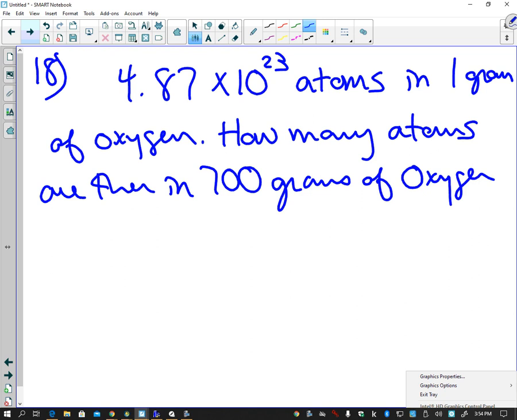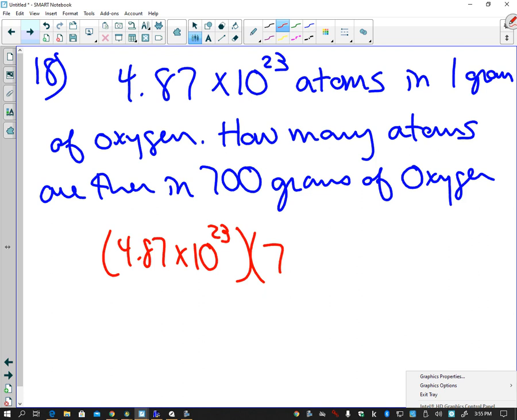Well, if there's 4.87 times 10 to the 23rd atoms in 1 gram, we should be multiplying here. So we're looking at something like 4.87 times 10 to the 23rd times 700. But what I want to do with 700 is convert it to scientific notation.